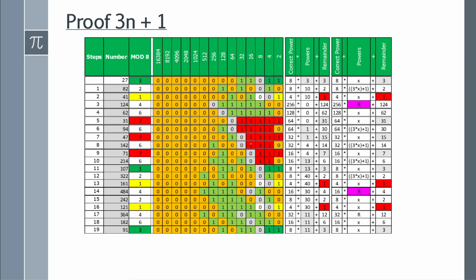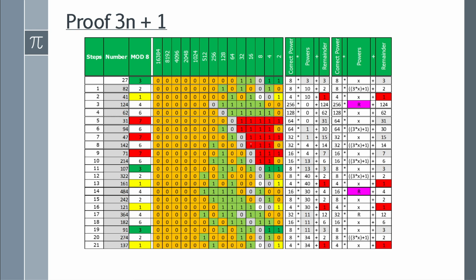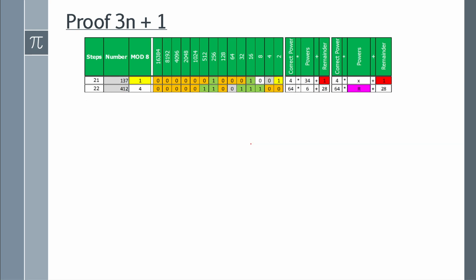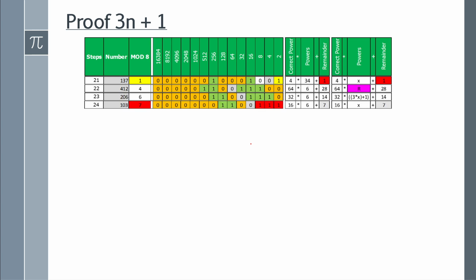Now we're at a 3 mod 8, so we're going to do a 2-step climb. So 91 to 1, or it goes to 274, and then 412, right? And then we're going to divide by 2 twice and get to 103.